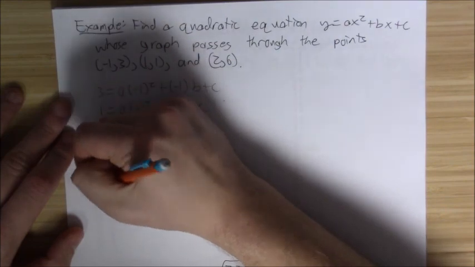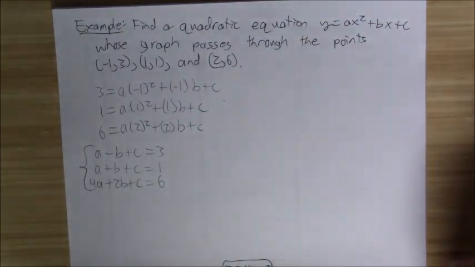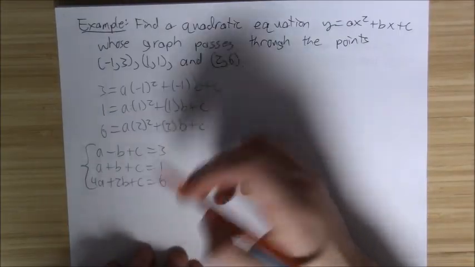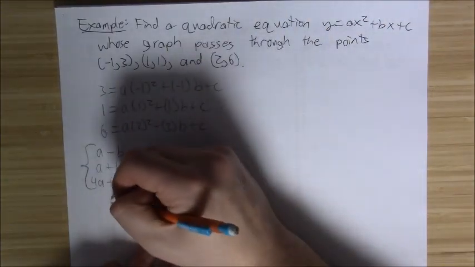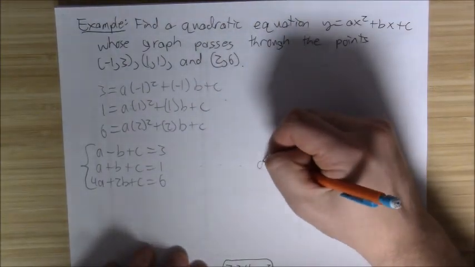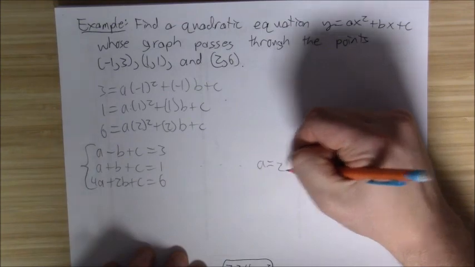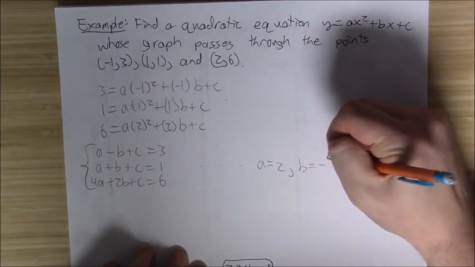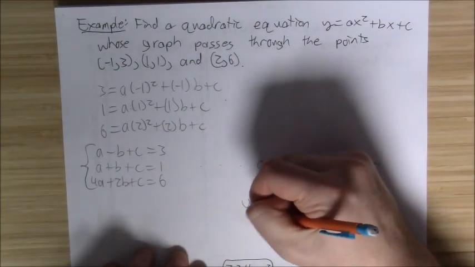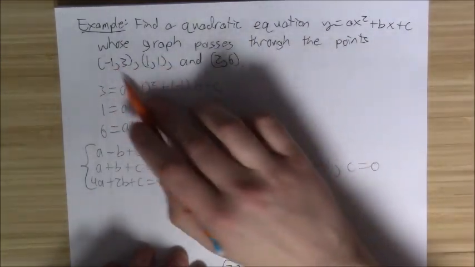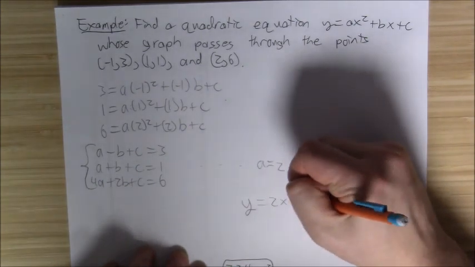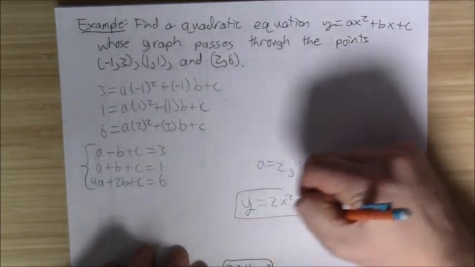So we actually have a system of equations here. If we go through and do row reduction on this, a is going to end up equaling 2, b will equal -1, and c will equal 0. That is really the unique quadratic equation that goes through these 3 points: y equals 2x squared minus x.